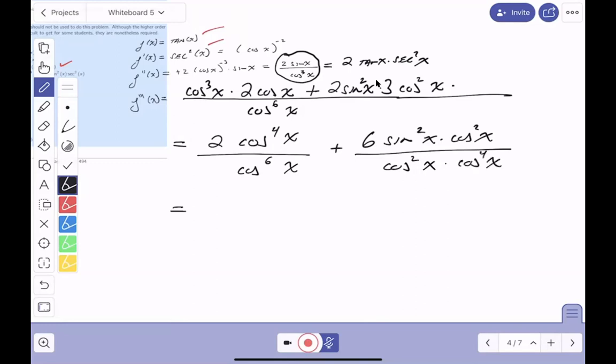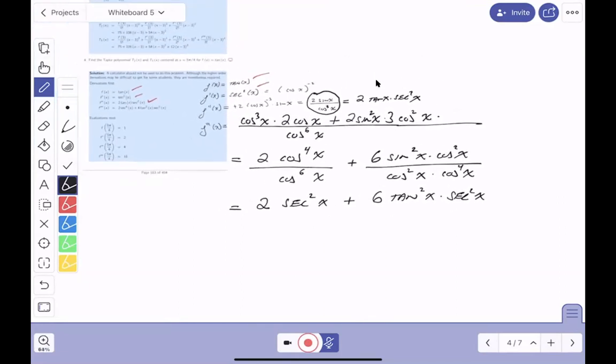We get there 2 secant squared x plus 6 tangent squared x times secant squared x. Again, it's my learning curve. Let's see if I got it right.